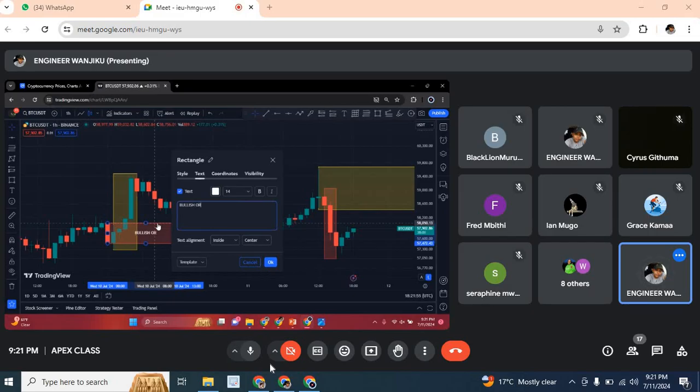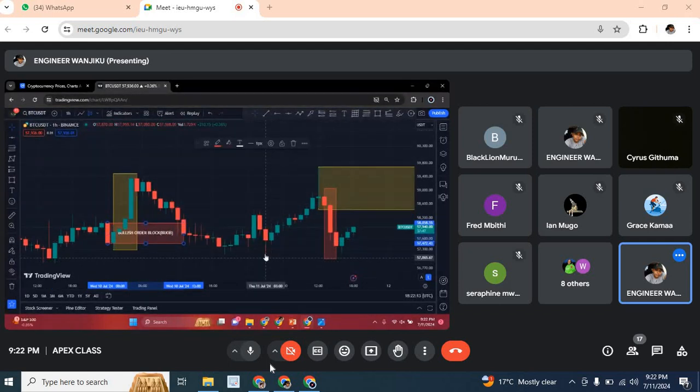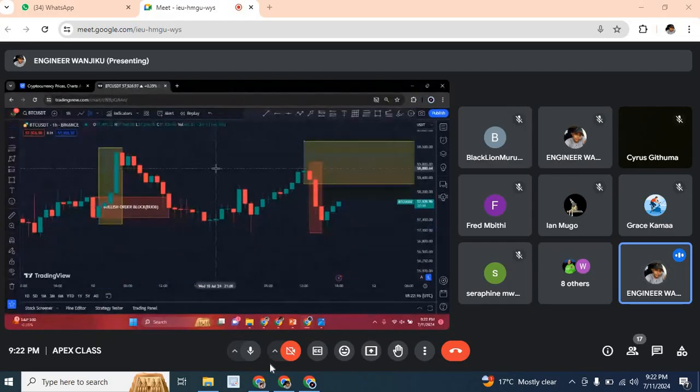In other words, it's also called a bulb. Let me lock that. So the last red candle before a significant buy is what we call a bullish order block.